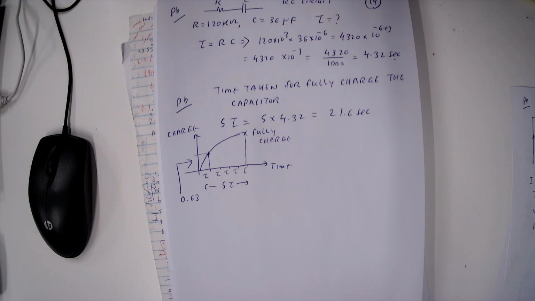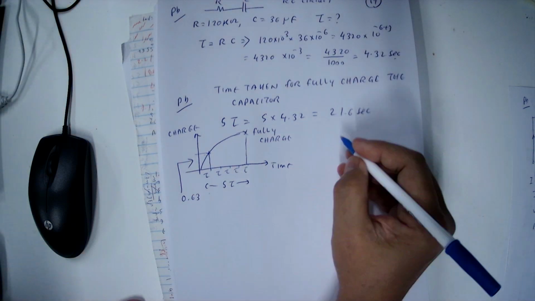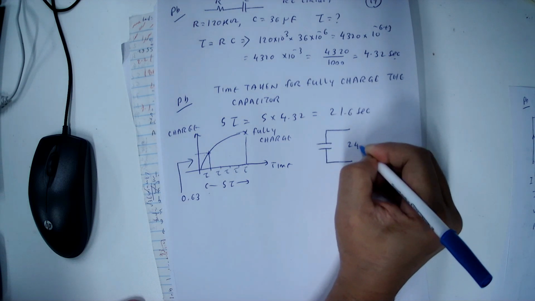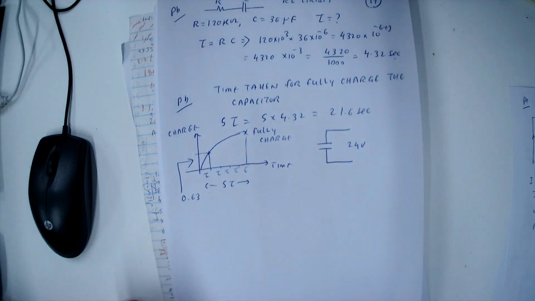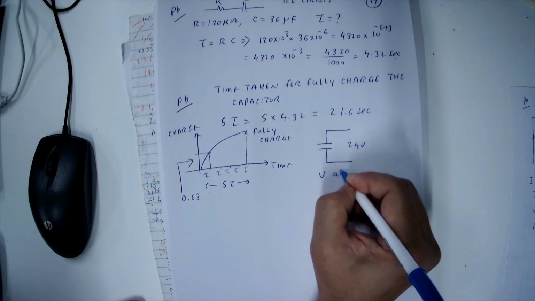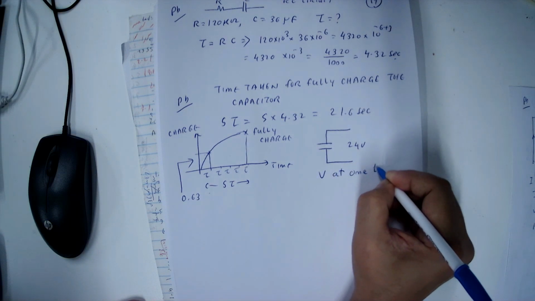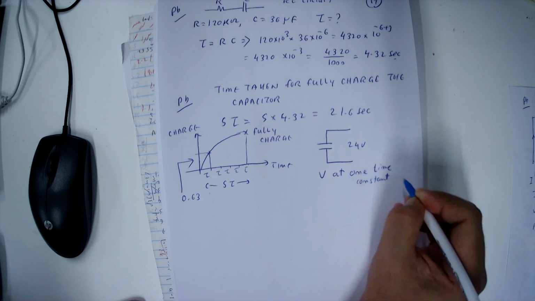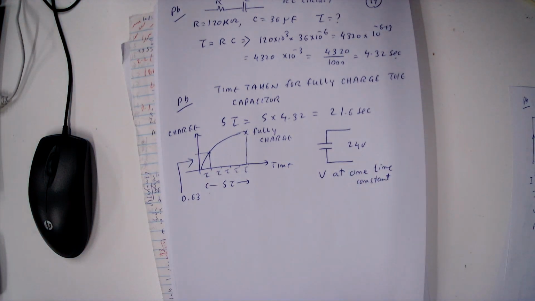So in that problem, we connect the capacitor to the 24 volt supply. We have to calculate the voltage across the capacitor at 1 time constant.